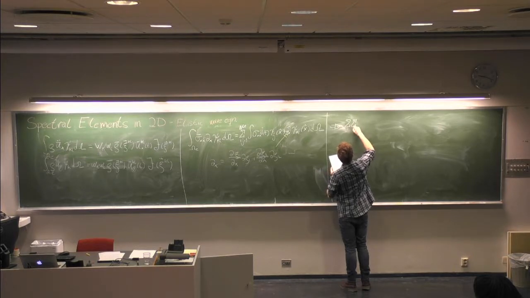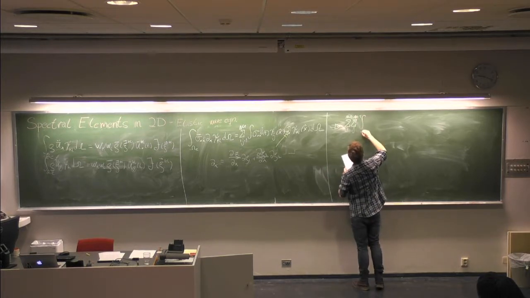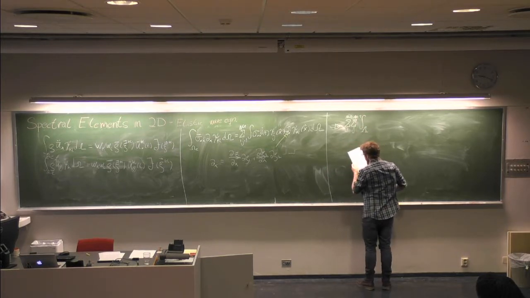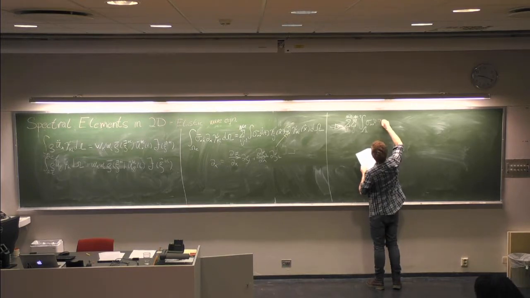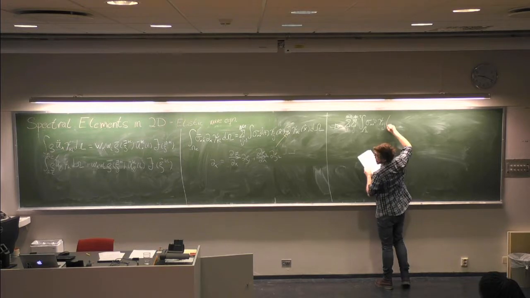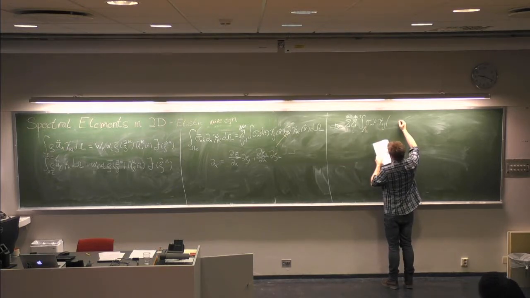I, j, 1. Now we're in the big lambda domain, and x, i, j, i, j. Then we're inserting this chain rule.